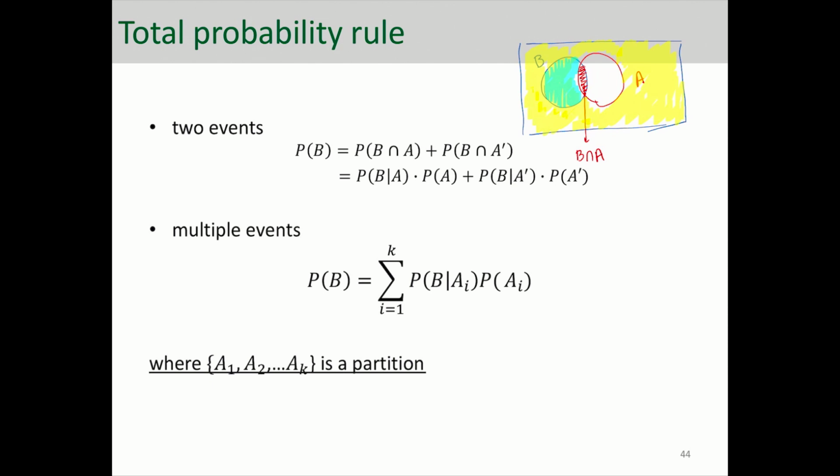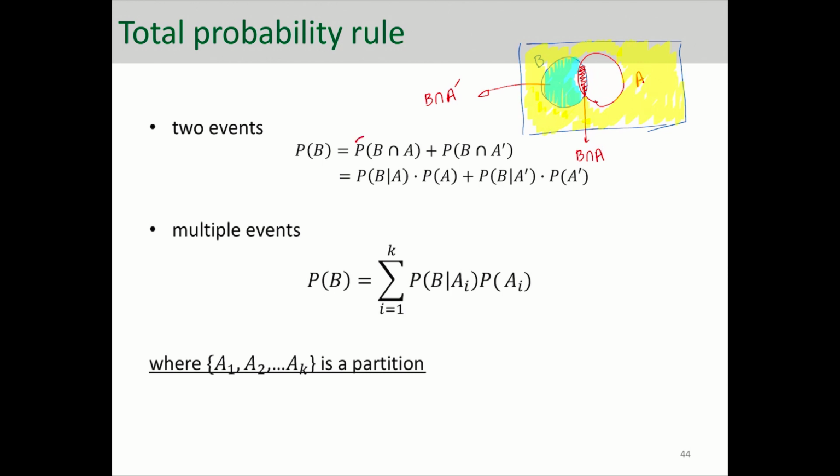That's the part of B that is not intersecting with A, but is intersecting with A prime. And that is true for any two events. Even if they're not intersecting, that's true, because in that case the probability of B intersection A will be 0, and the probability of B intersecting A prime is the probability of B. So this is a rule for any two events.